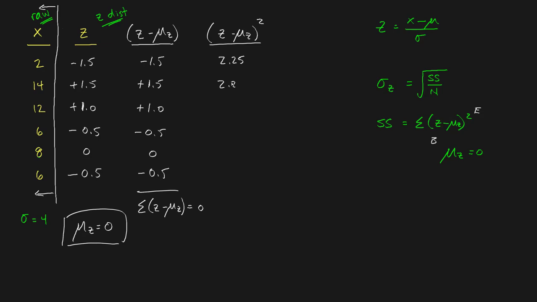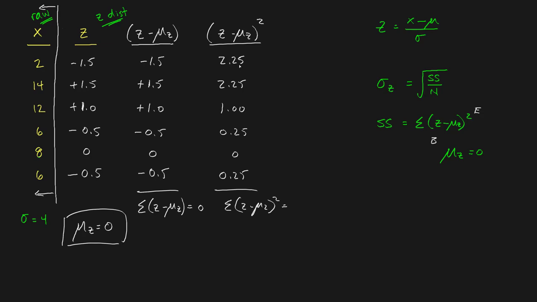Same thing here. 1 squared is 1. 0.5 squared is 0.25. 0 squared is 0. 0.5 squared is 0.25. So I'm doing this, remember, because I want the sum of my squared deviations from the mean.